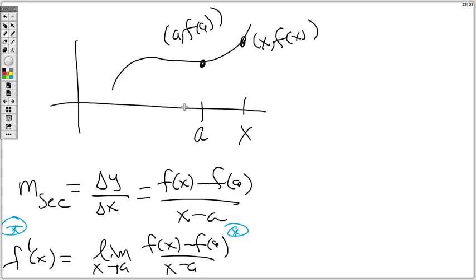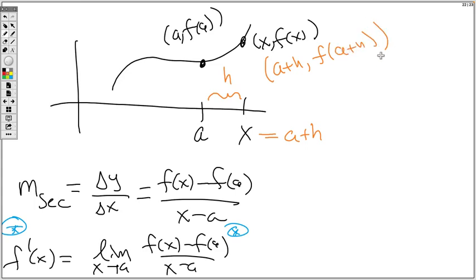So here's what they do, is they look at the difference between a and x, and they're going to call that value h. All right? So that means that if I wanted to express x in terms of a, I could do it. X would be a plus what? H. Everyone cool with that? So this point, I could rephrase this point as a plus h comma f of a plus h.